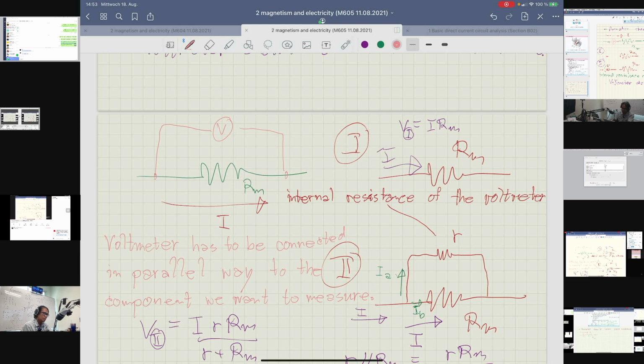It means the maximum allowable current is 50 microampere.